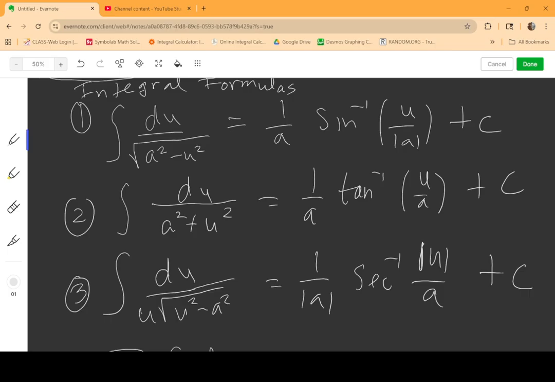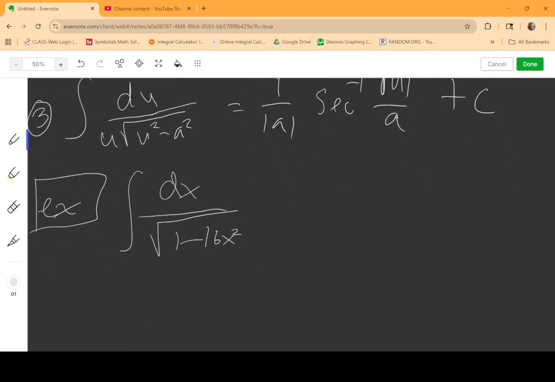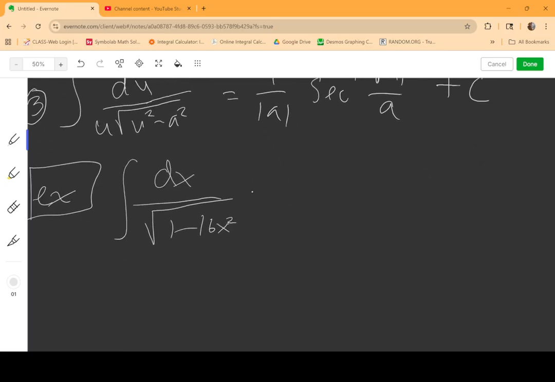When we have u squared, that coefficient is 1. So I need to play around with the function itself. The way I do that is I'm going to factor in the denominator. I'm going to factor out a 16 so that I can make that coefficient 1.